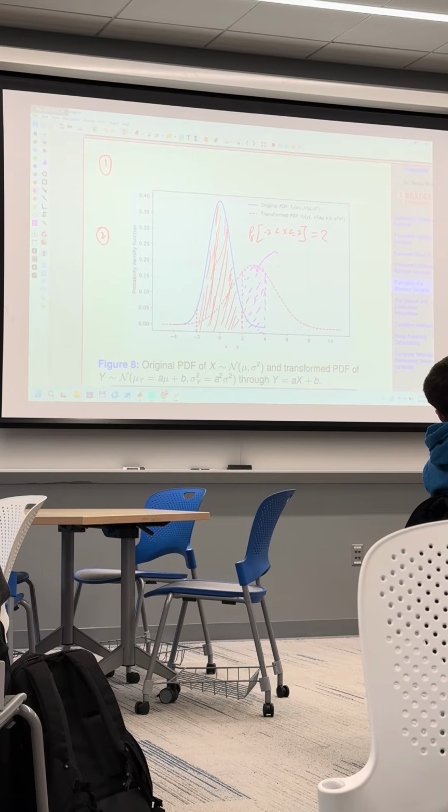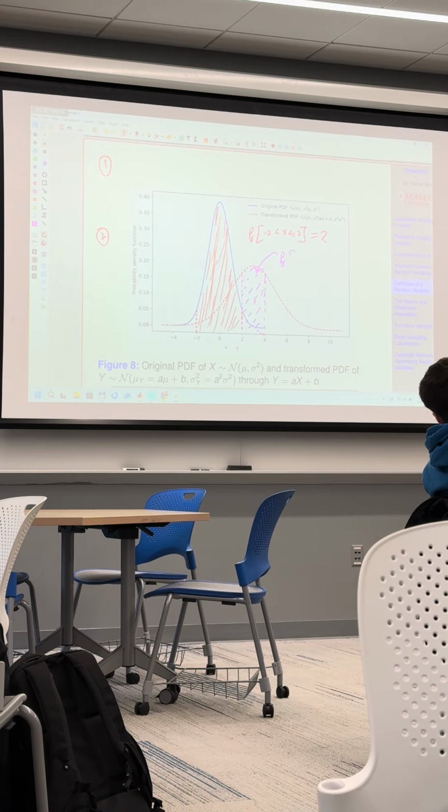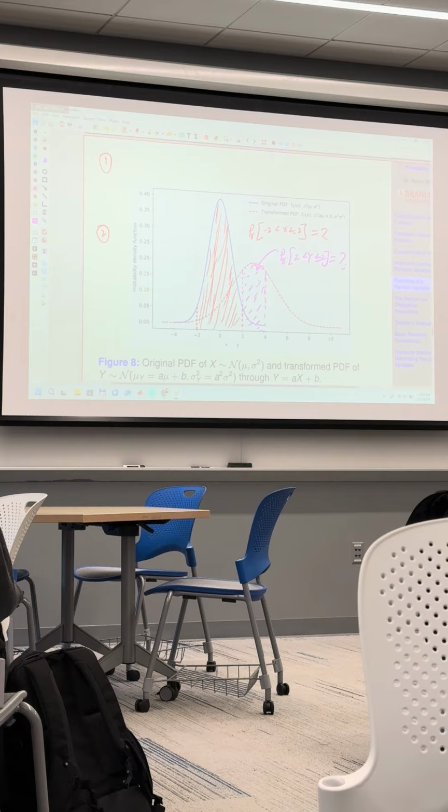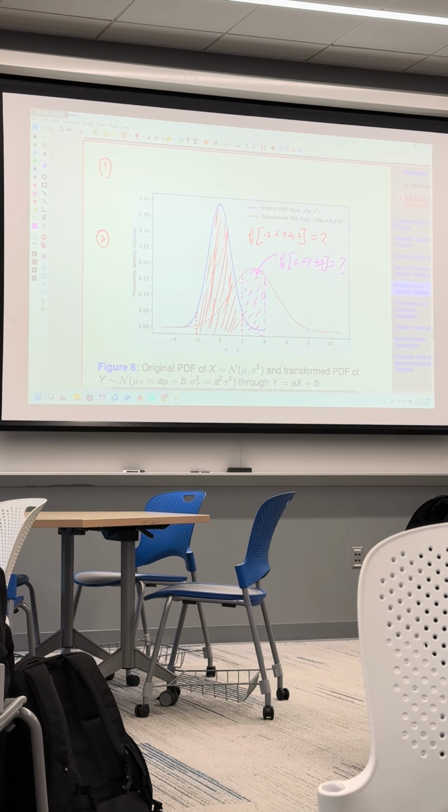And this part is the probability that 2 less than y less than or equal to 4 equals what? Okay, you can take pictures so that you know exactly what you are supposed to do. Wait, what was the value for the pink one, part two? This is, oh, 2 to 4 actually, sorry. 2 to 4. Yeah, 2 to 4. Thanks.